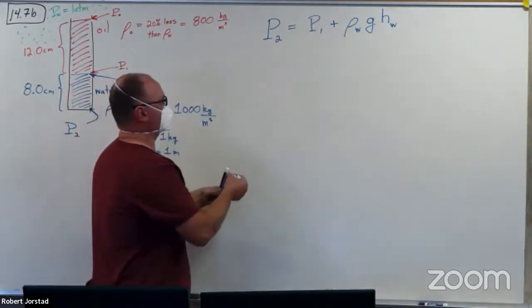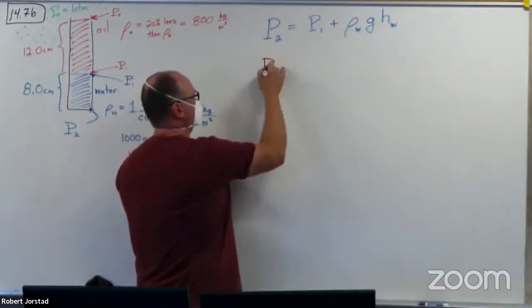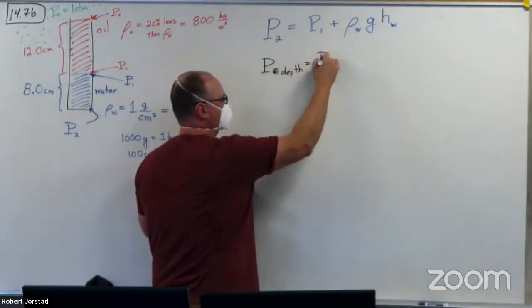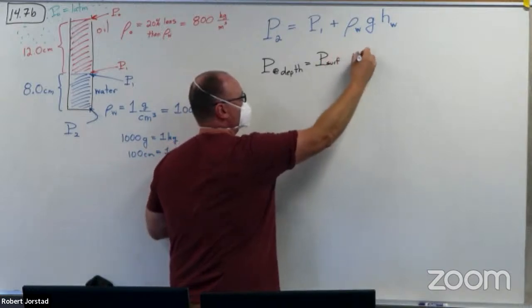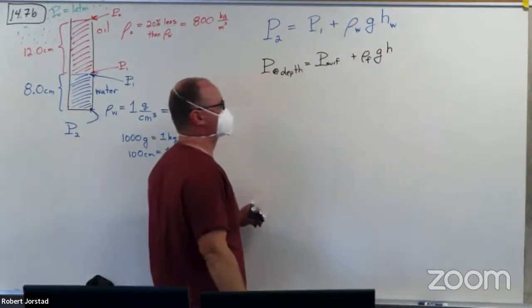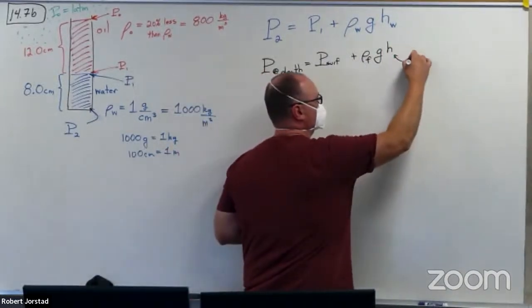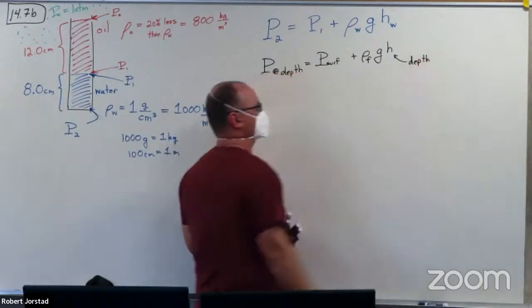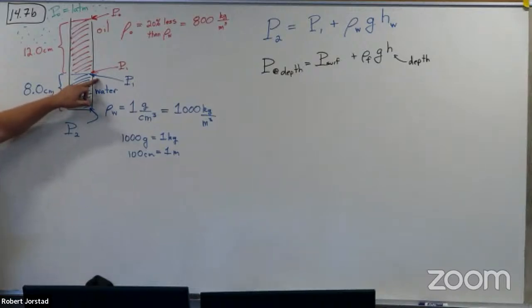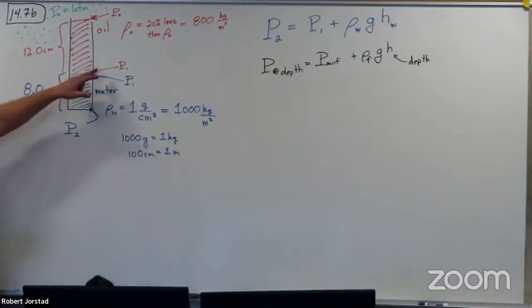So maybe if I wrote it this way, notice in this case, P2 is the pressure at depth. P1 is the pressure at the water surface. That's cool. Well, how can we get P1?